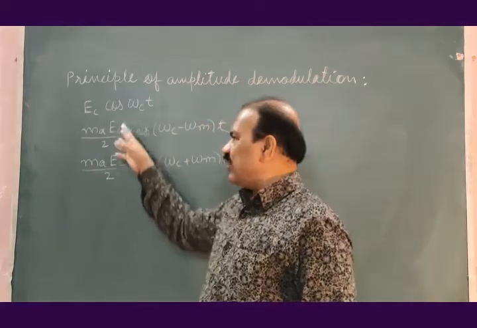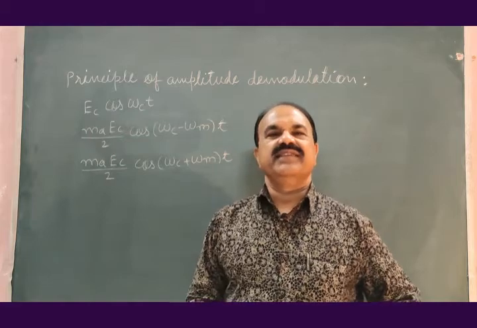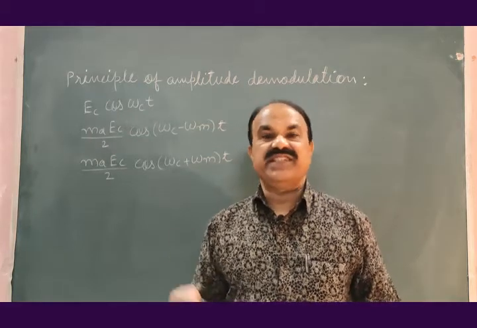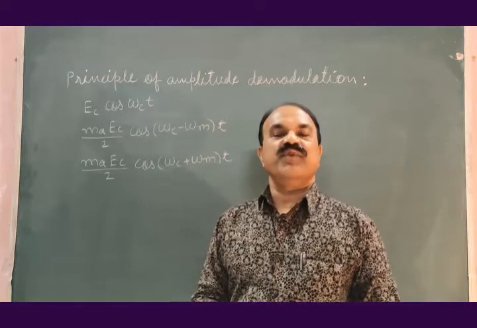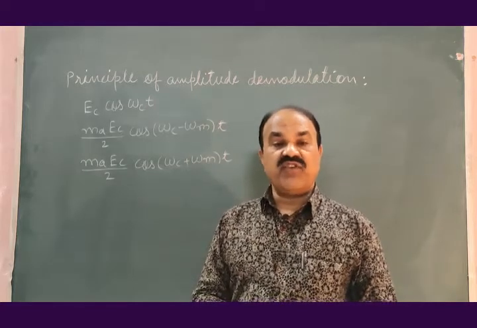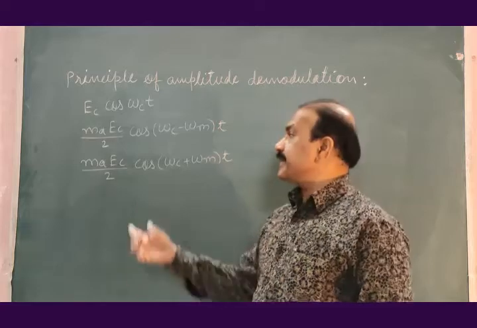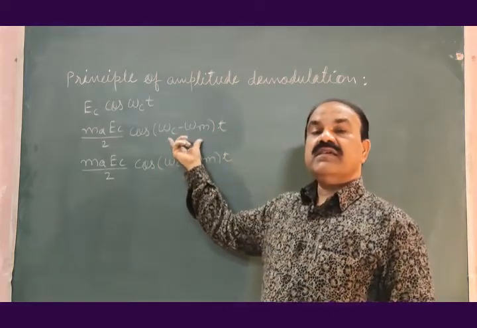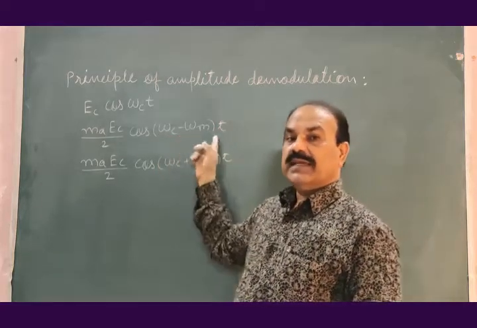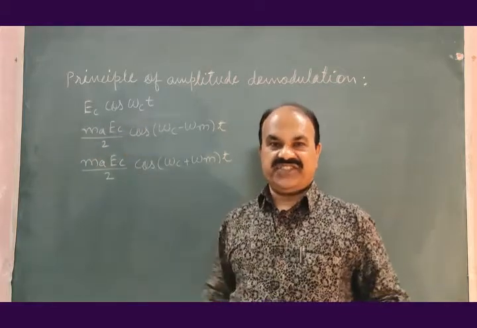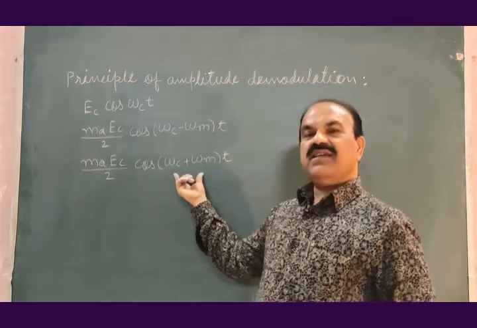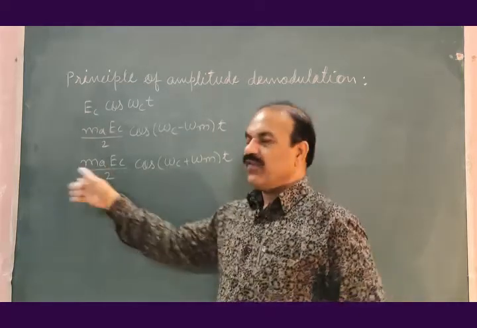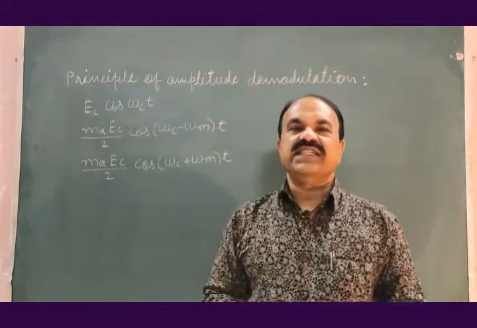Let us suppose that one of these two sidebands is preserved. This sideband has the information, but this information is embedded. Omega C minus omega m, if lower sideband is considered. Omega C plus omega m, if upper sideband is considered.